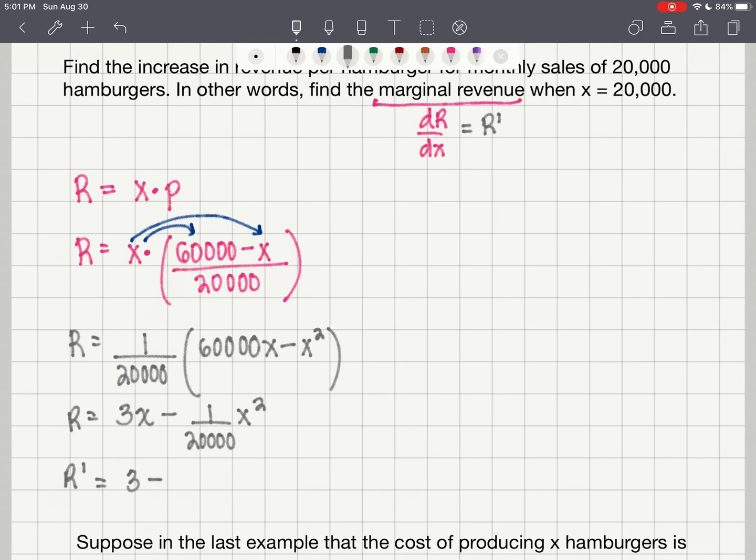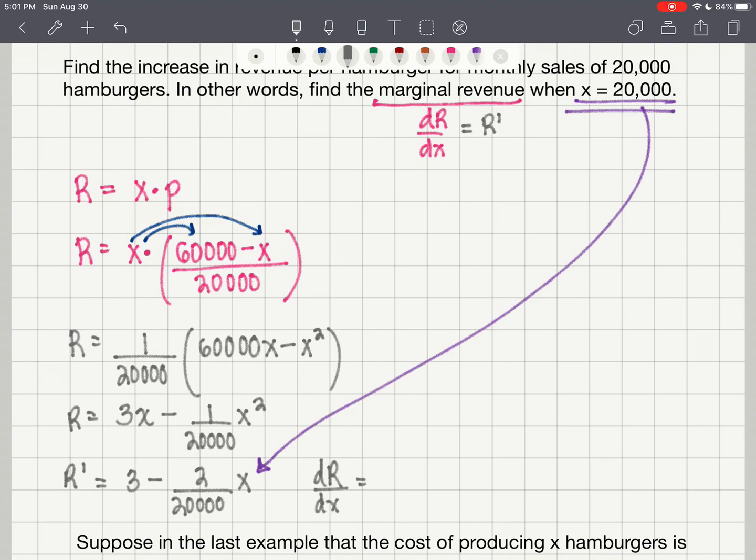So the derivative of 3x is 3, and then the derivative of the next term is 2 over 20,000 x. And now we need to evaluate this when x is 20,000. So I'm going to put 20,000 in for x.